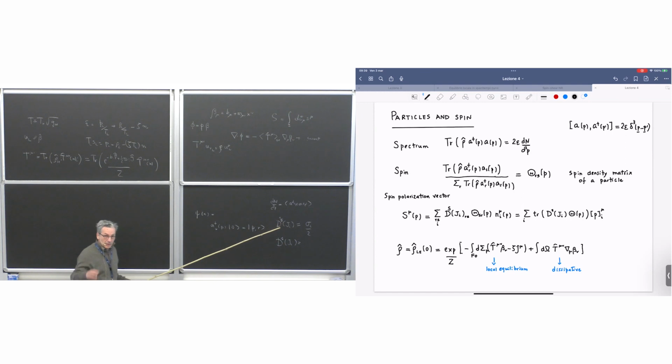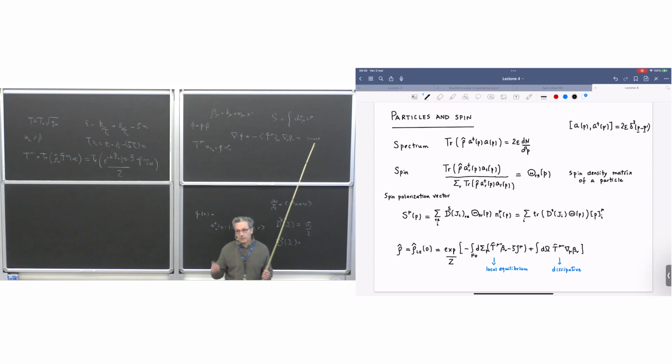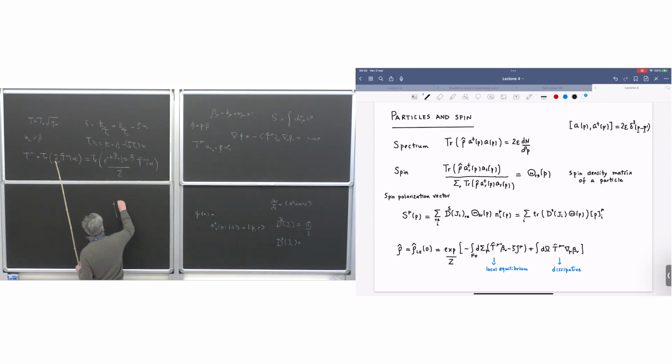Okay, so it is possible to calculate the spin polarization vector, which is the mean spin vector associated to a particle, by making this sum. And n_μ^(i)(p), these are vectors which are orthogonal to P. Also, we are in a space-time here. P is a time-like vector.